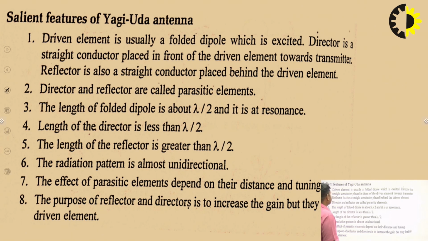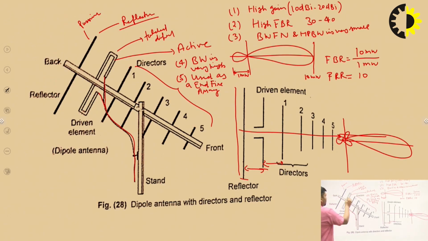So these are the salient features of the Yagi antenna. The dipole element is usually a folded dipole. Why do we use this type of driving element, a folded dipole? Why do we not use a single dipole antenna? Because if we feed this to the TV receiver, how much energy will be received by this antenna?